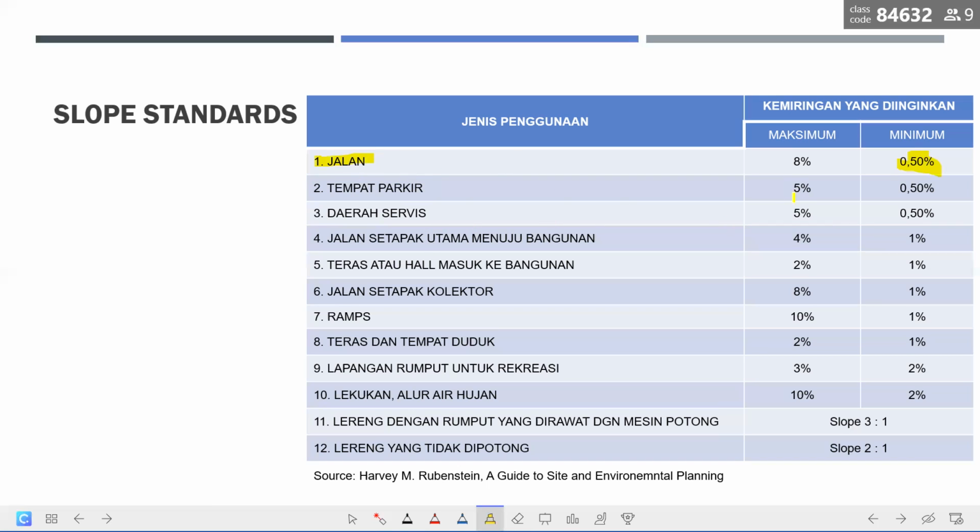Same with parking areas, a maximum of 5% and a minimum of 0.5%, and so on.